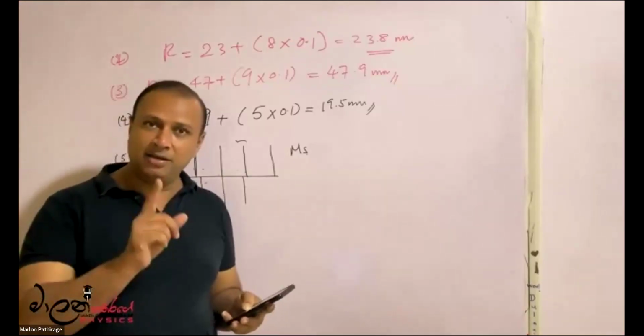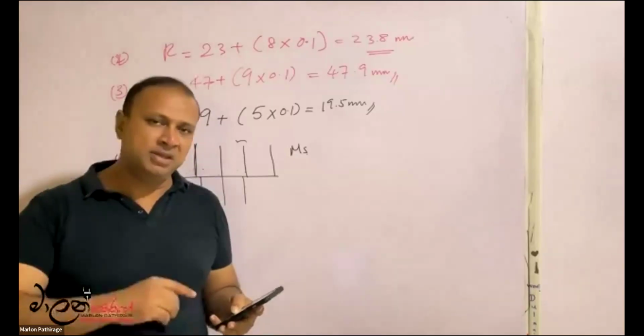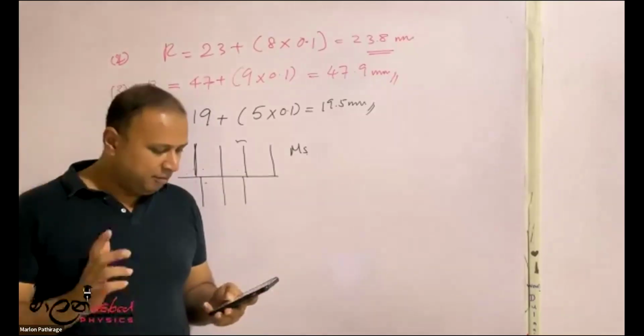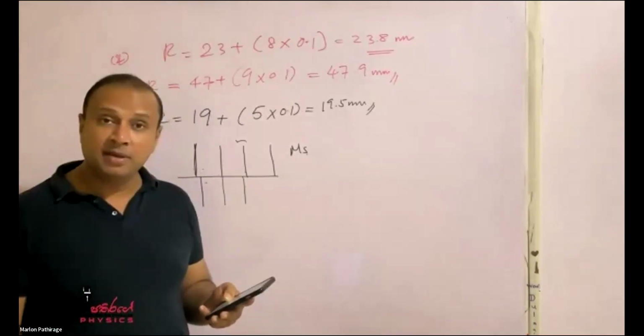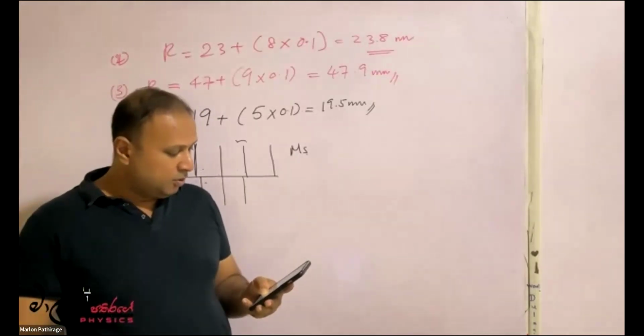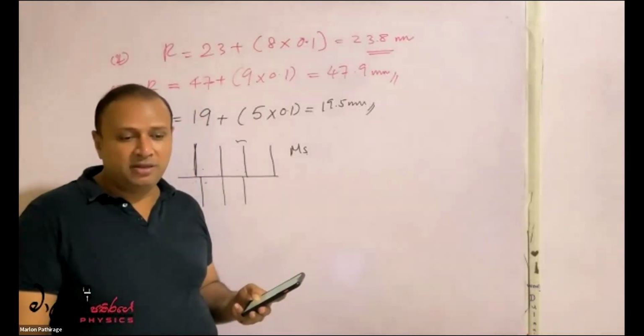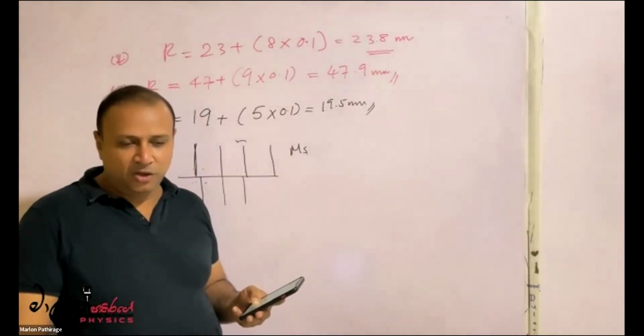Therefore, you can read it up to 1. 1 is 10 millimeters. 10 millimeters plus 0.1 into 3 is 10.3. Did you get my point?